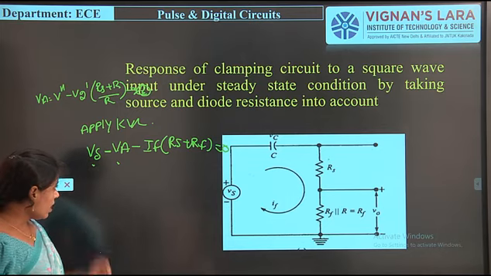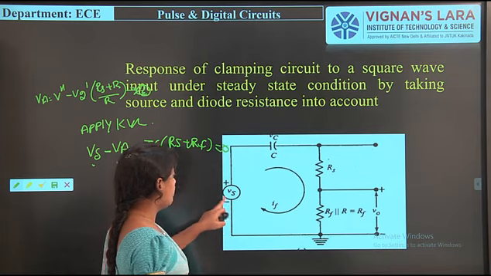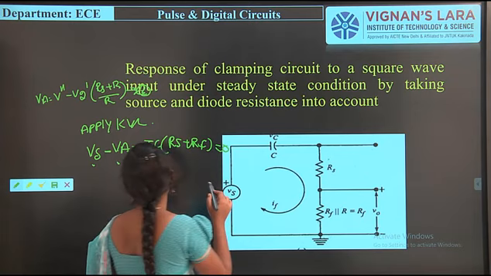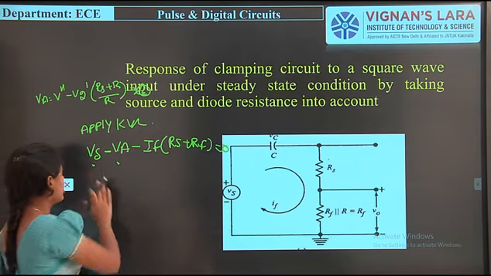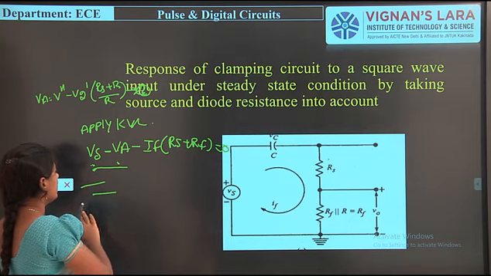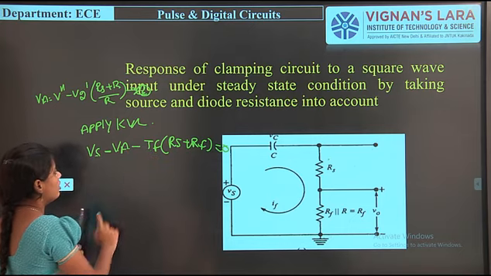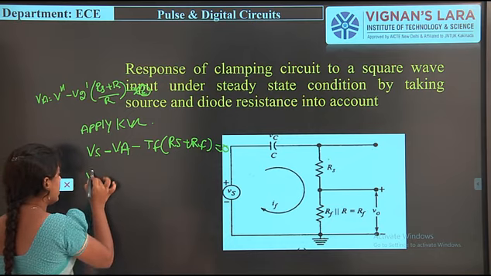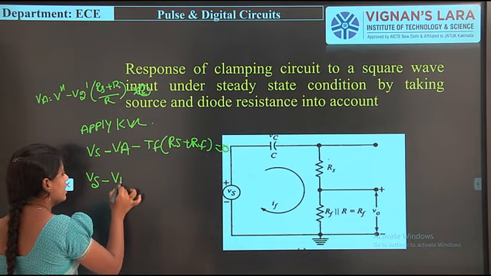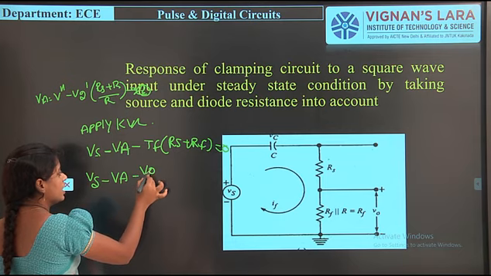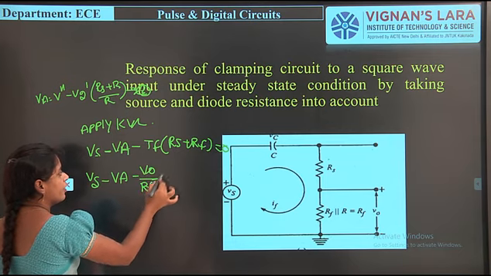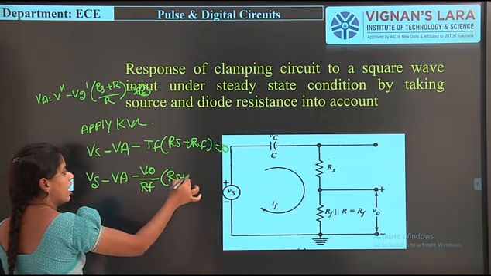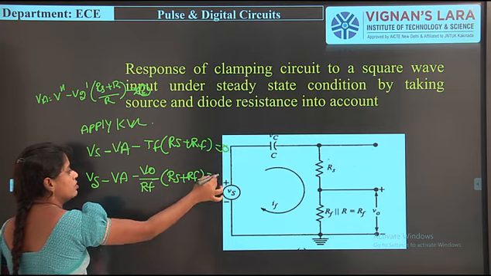And here also, what is the input waveform? I have to apply it after completion. Taking If, what is the If value? If becomes V0 by Rf, so Vs minus Va minus V0 by Rf into (Rs plus Rf) is equal to 0.